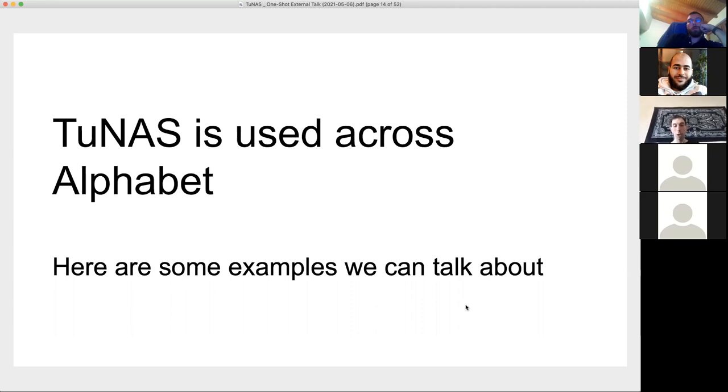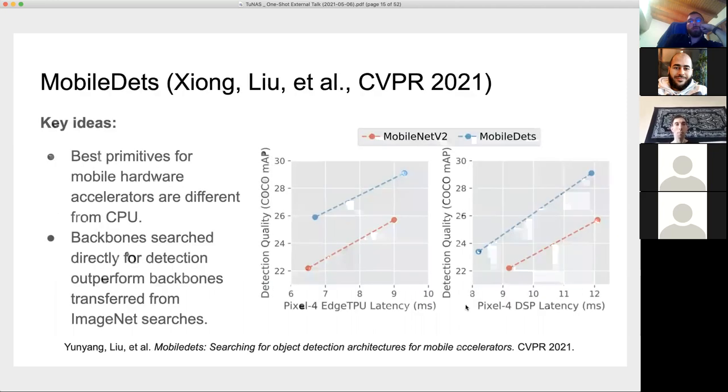We've actually had quite a few collaborations. I cannot talk about all of them here, but I do want to highlight a few that have been announced externally. One of these is MobileDets, which was basically trying to build better network architectures for object detection on mobile devices like cell phones.